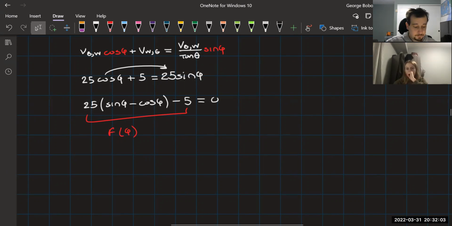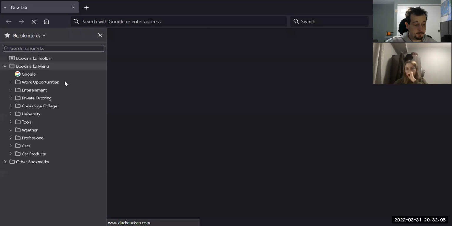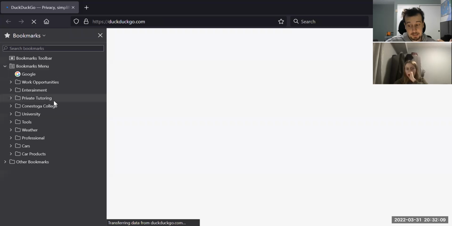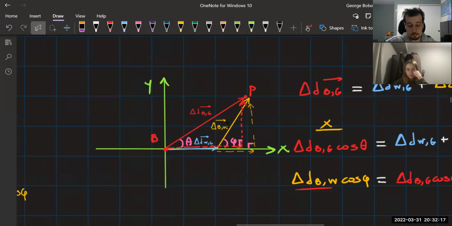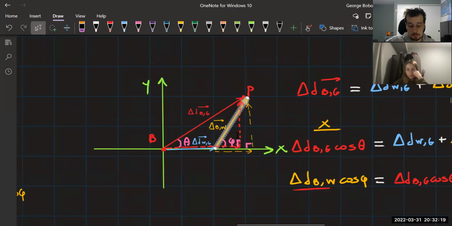Okay. So let's see what's going on. We need, again, angles between 0 and 90. If we got something that is greater than 90, we know it's wrong because look at our diagram. Look at our diagram here, how we have the phi settled. It cannot be something right now that is greater than 90 degrees.